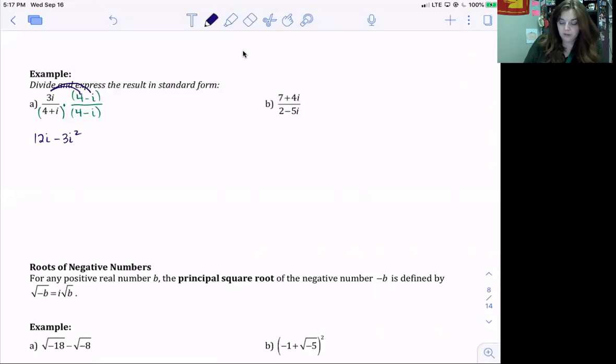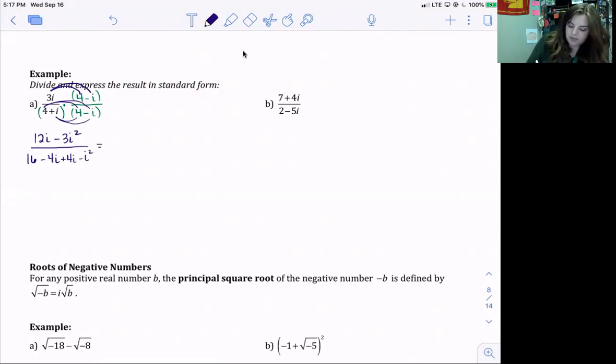You can either FOIL, which is what we're going to do on this one, or you can use that shortcut a squared plus b squared. So 4 times 4 is 16. 4 times negative i is negative 4i. i times 4 is a positive 4i. And i times negative i is a negative i squared.